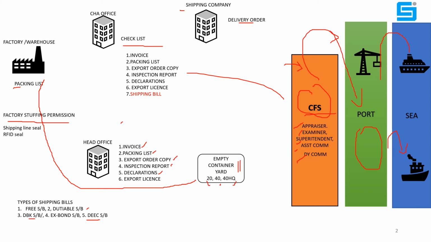Therefore, to bring the cargo of 10-15 containers, you will not have space here. There is no space here, so containers are brought only two days before the vessel arrives; otherwise they stay lying in the CFS. Then the cargo will move to the port before the vessel takes berth. It is brought here before the vessel berths.